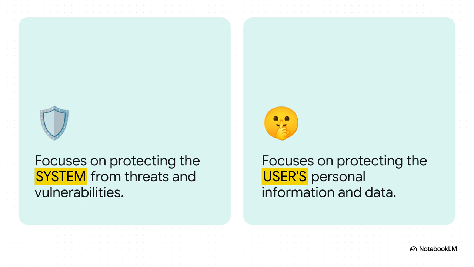Security by design versus privacy by design. Security is all about protecting the system. It's building a fortress to keep the bad guys out. Privacy, on the other hand, is about protecting the user's data inside that fortress. You get it? A system can be perfectly secure, totally unhackable, but still be designed to violate your privacy. Understanding that difference is absolutely crucial.